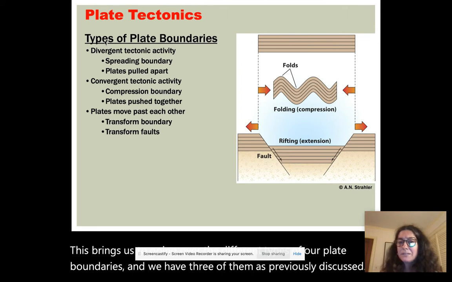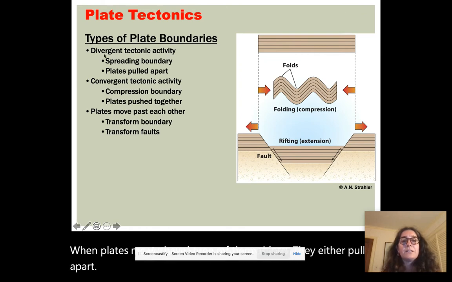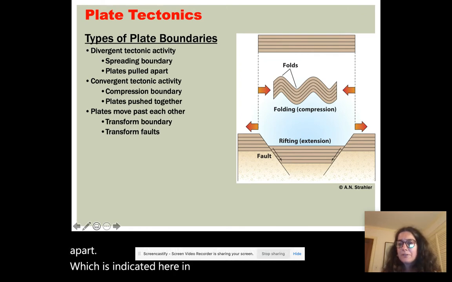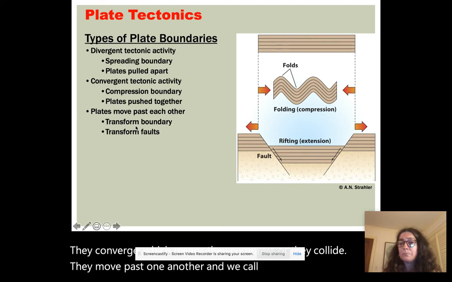When plates meet, they do one of three things. They either pull apart, which is indicated here in divergent plate boundary interactions. They converge, which means they compress or they collide, or they move past one another, and we call those transform plate boundaries.